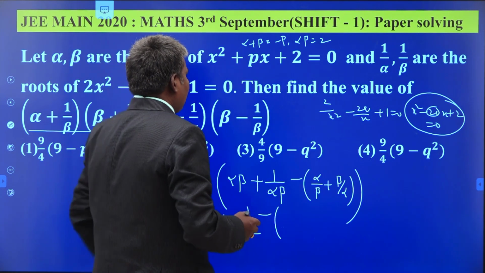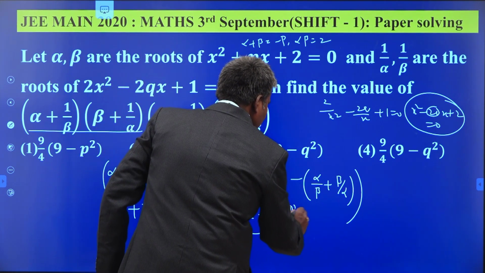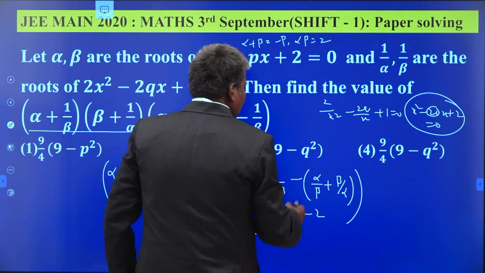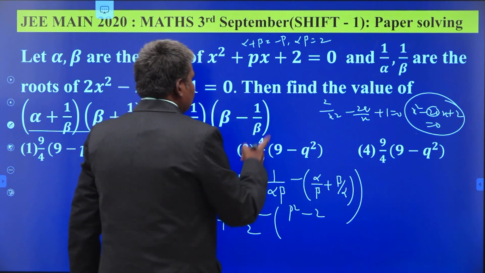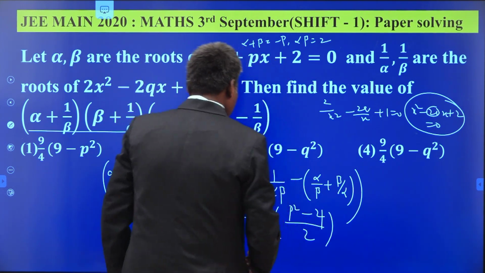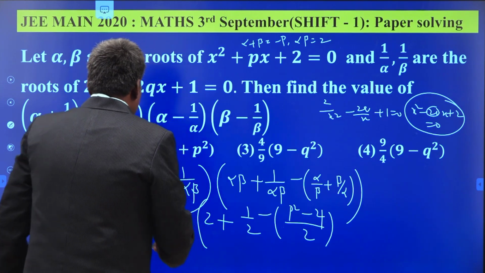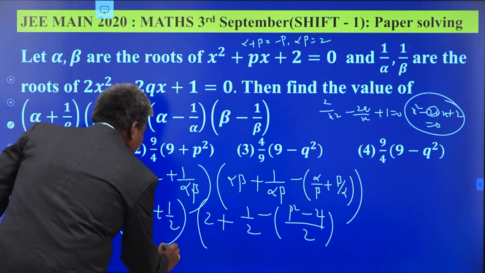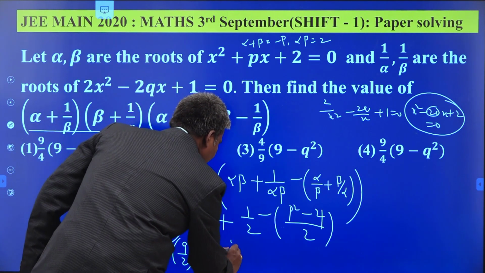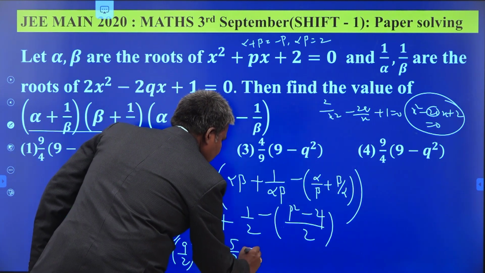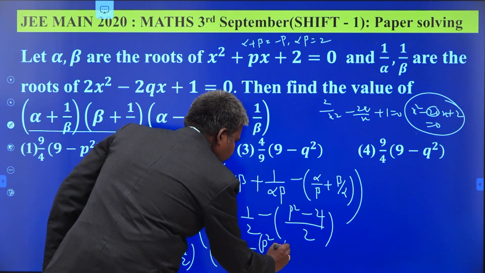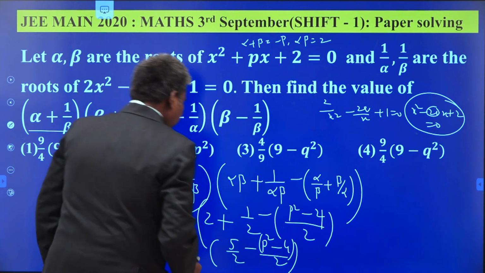First of all we take alpha plus beta as minus p, so p square minus 2 alpha beta. The product of the roots is 2, minus 4, since alpha beta is 2. So 4 plus 1 by 2, 9 by 2, into this, 5 by 2 minus p square minus of p square minus 4 by 2.